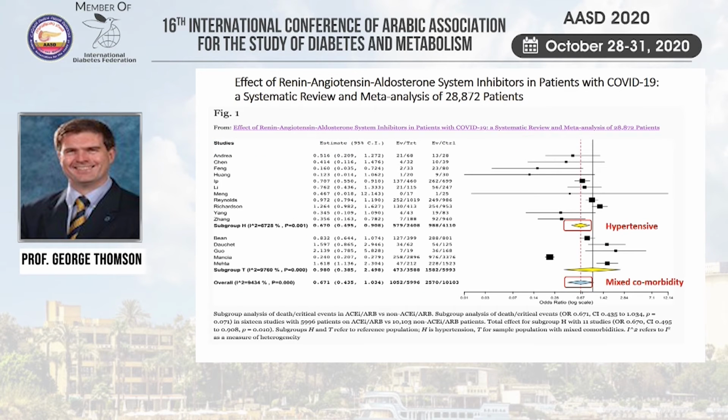The reason the authors concluded that RAAS blockers should be continued in hospitalized COVID-19 patients is demonstrated in the first figure from their study. And if I can just highlight the hypertensive group outlined and the mixed comorbidity group outlined, you can see the reason why the authors concluded this from their study. If you want to read the whole study, it is free to view online if you click on the link on the previous slide.